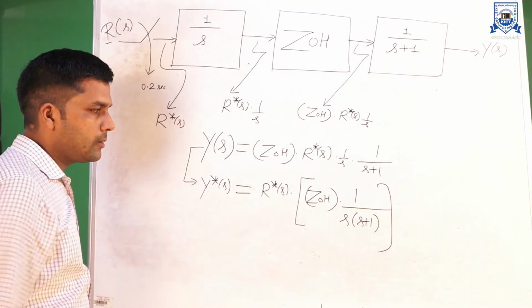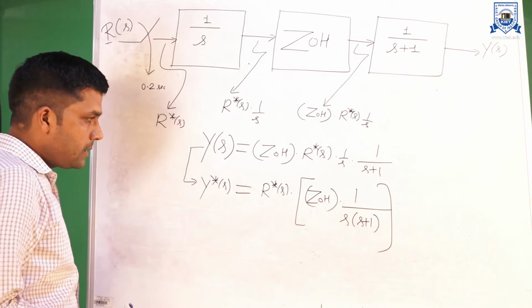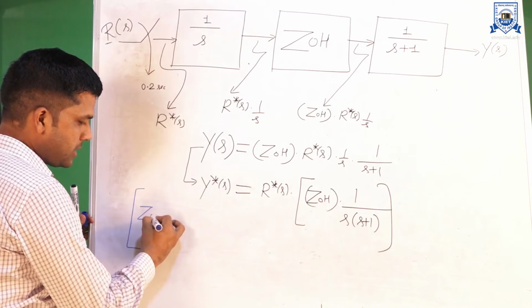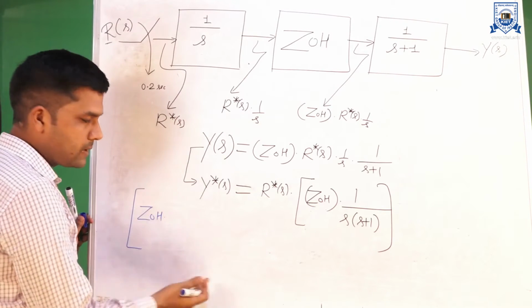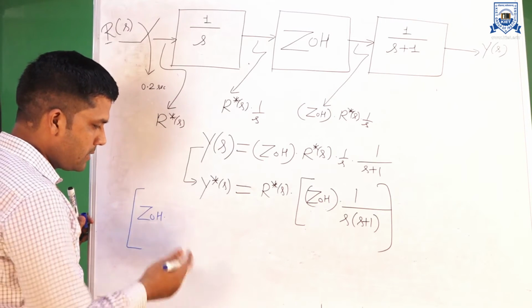How can we calculate the transfer function of the given system? So here we need a property: if ZOH is multiplied by any function, function 1, function 2, function 3, up to thousands, lakhs.